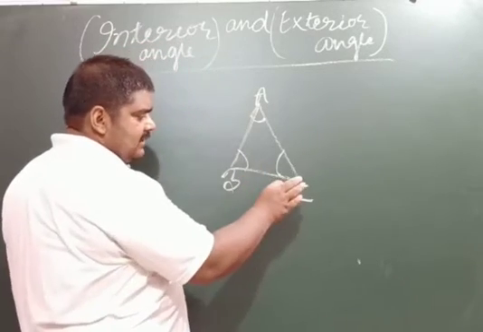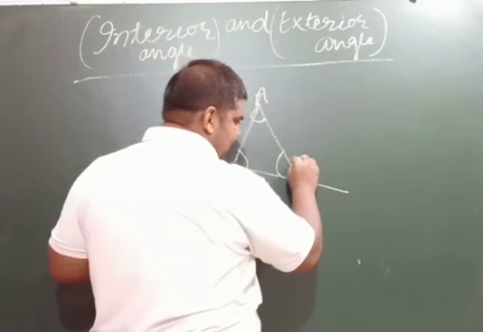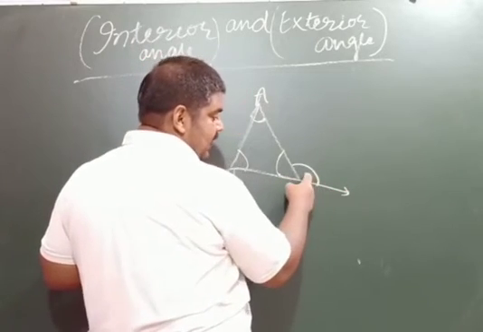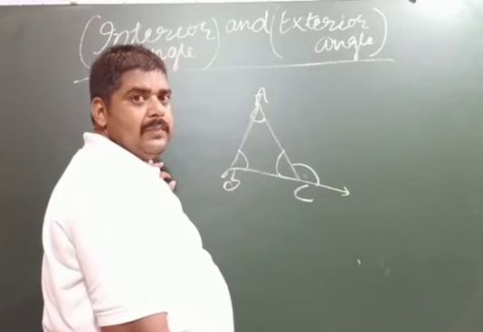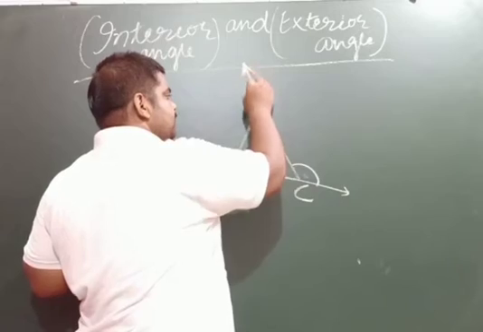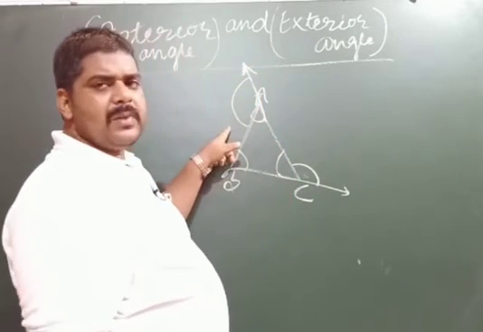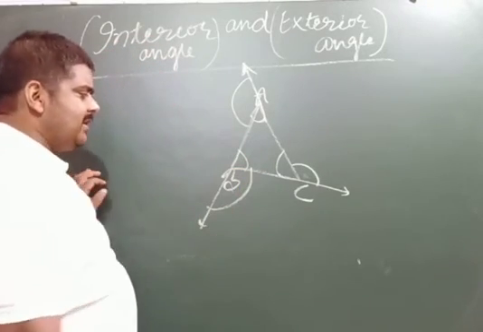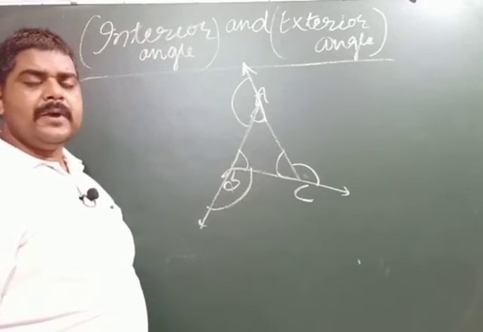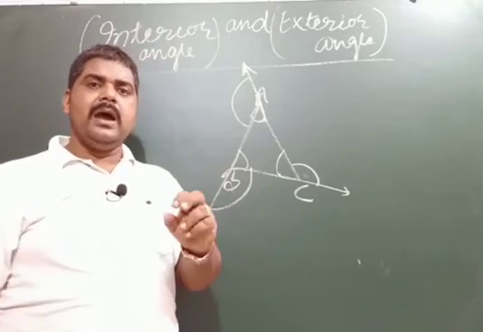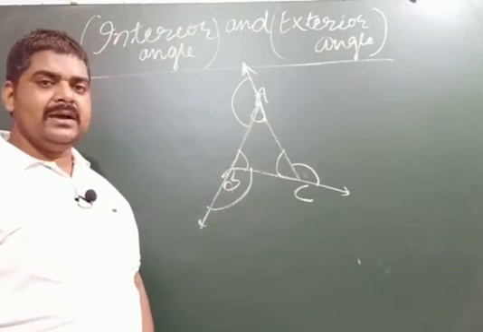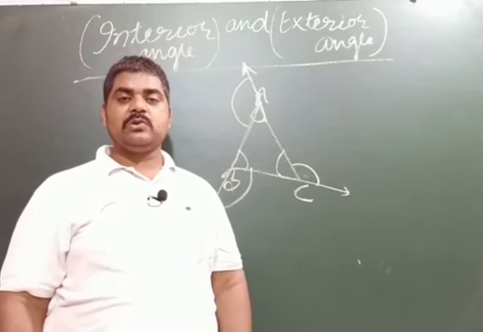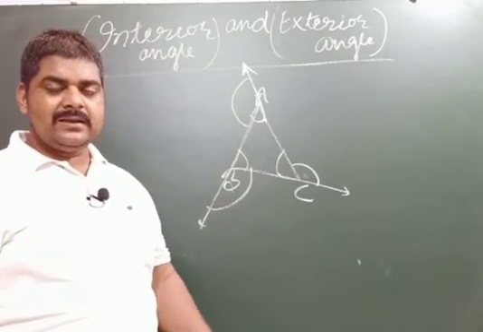However, if you extend any side, the angle formed in the exterior part of the triangle is known as an exterior angle. Similarly, if you extend another side, this angle is also an exterior angle. So the angles formed in the interior part of a triangle are interior angles, and all the angles formed in the exterior part are exterior angles.